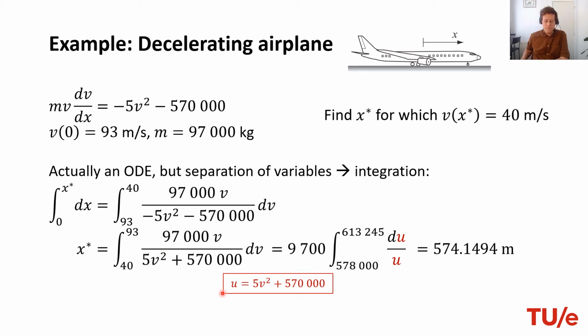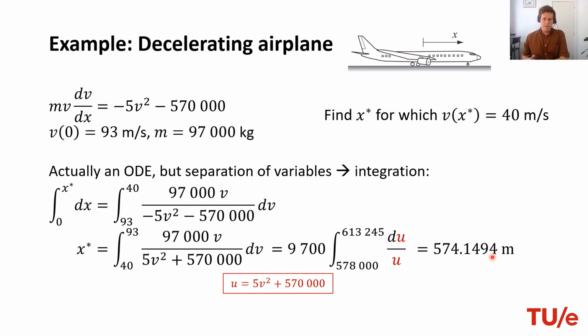If you do a substitution of the denominator, and also apply the substitution to the integration bounds, this becomes an easy integral. It becomes a natural logarithm of u. We can compute the exact value of this integral up to 4 decimals, which is 574.1494 meters. That's just the exact value that we want here.